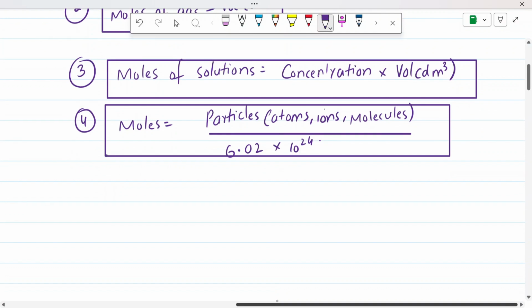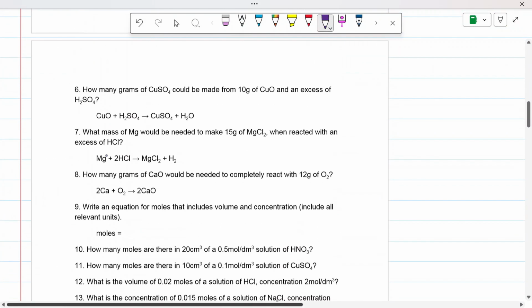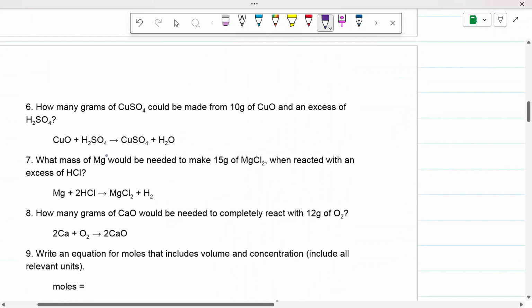So let's get started. Here we have a list of some of the questions. I'm going to share these questions with you. Look at question number 6. How many grams of copper sulfate could be made from 10 grams of copper oxide and an excess of sulfuric acid?